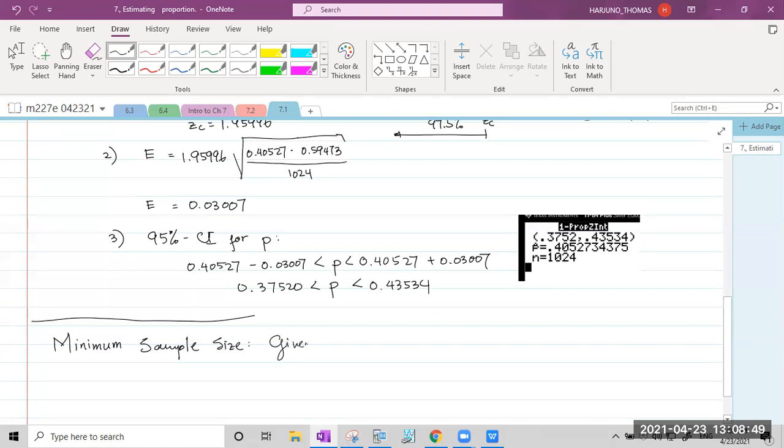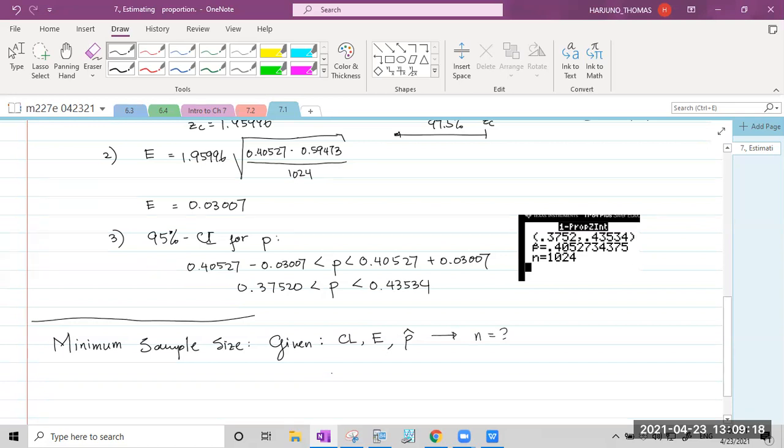Given the confidence level, margin of error, and p hat, usually that's the past sample proportion, what is the minimum sample size?